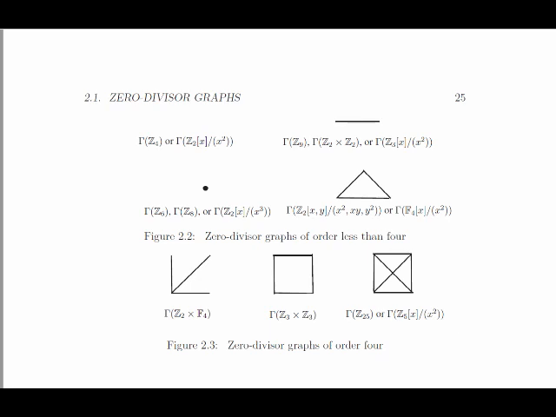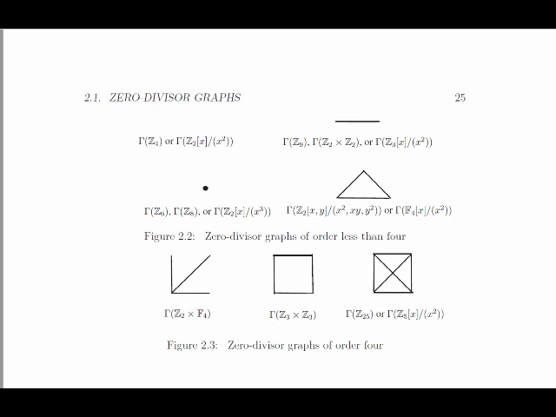And the ring whose zero divisor graph is this, which one? Z9. If you go and try to calculate the zero divisor graph of the ring Z9, you will find it's going to be one edge. The zero divisor graph of Z2 cross Z2 will be this.